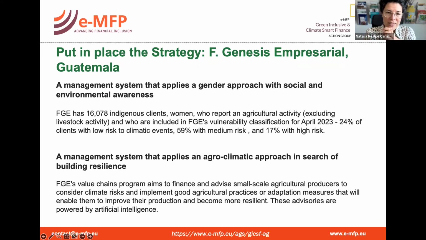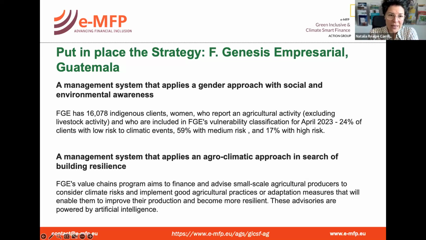They have more than 16,000 indigenous clients that report an agricultural activity and who are included in their vulnerability classification. They see what their climate risk is, at low, medium, or high level, and then they also make recommendations for their clients.